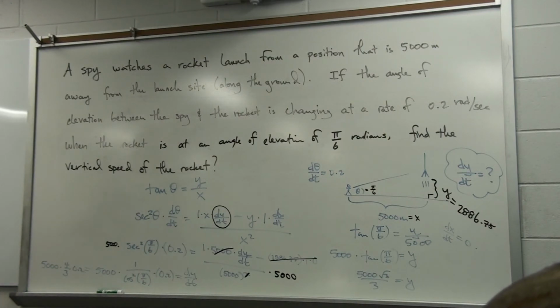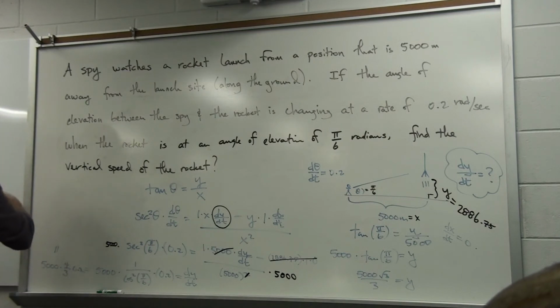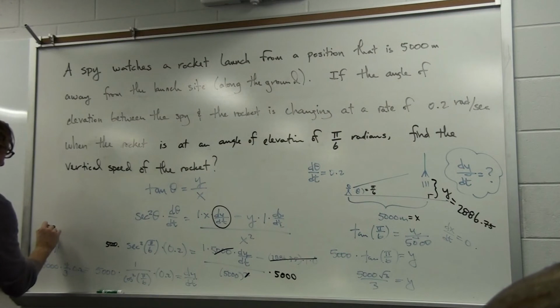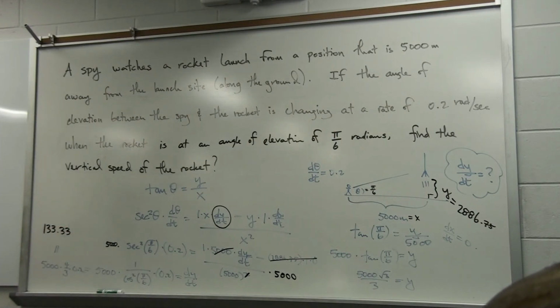And well, if we run the numbers there, we get 5,000 times 4 divided by 3 times 0.2. Beautiful. We get a number, that number, 133.33.